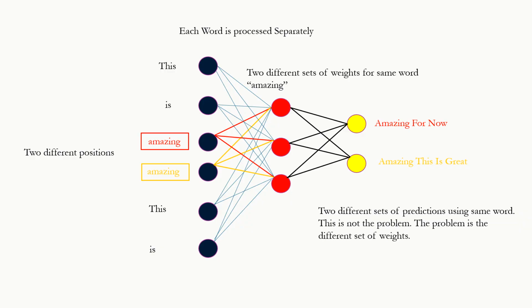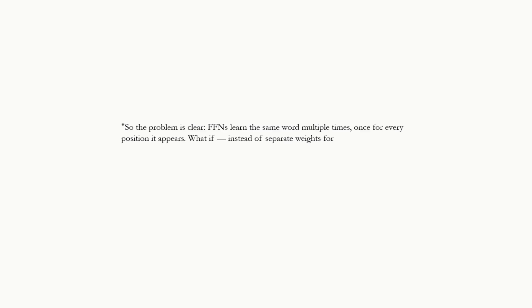So two sets of predictions using the same word, this is not the problem. The problem is the different set of weights. So the problem is clear. FFNs learn the same word multiple times, once for every position it appears.